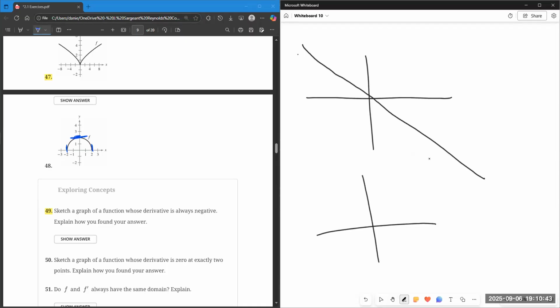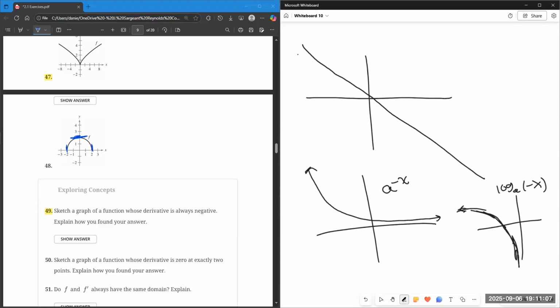I can also think of an exponential decay function, and there's other functions that you might be able to think of, like this type of graph that's related to the log, maybe log base a of -x. This would be a to the -x. This would be something like y equals -mx.